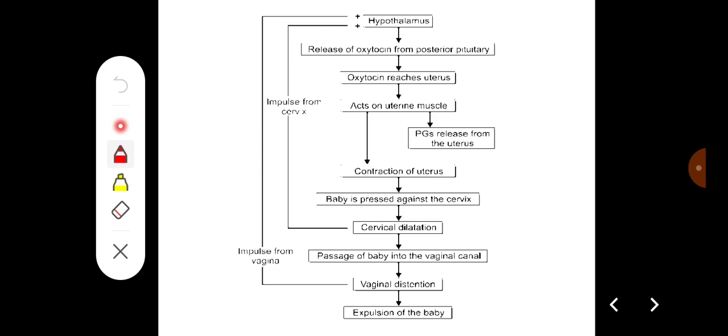So this is how the parturition occurs. Mainly it occurs because the body of the baby is pressed against the cervix, and there will be cervical dilatation.